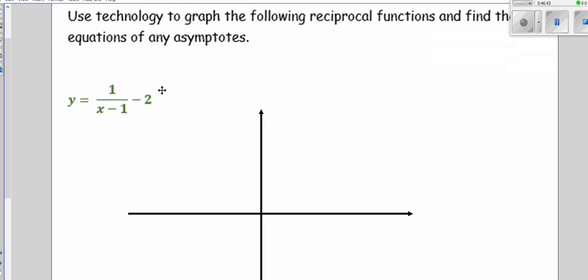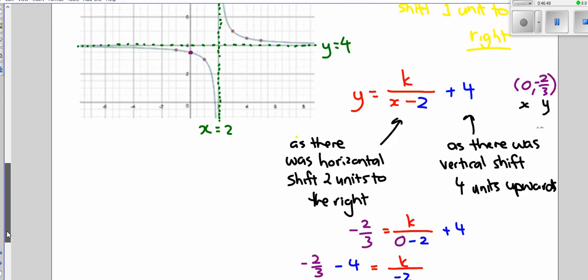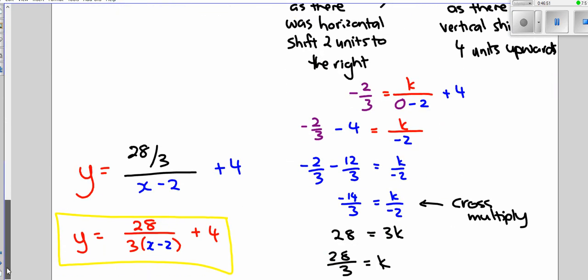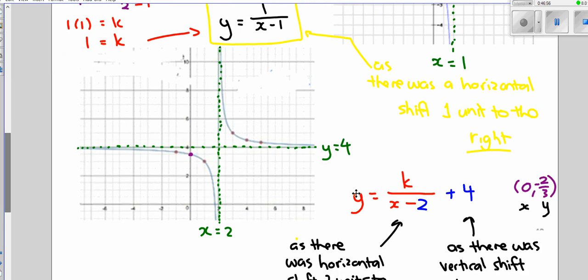Before, for this one, we had asymptotes at y equals 4 and x equals 2. So the y equals 4 came from here, and the x equals positive 2 came from here. This helps you work out the vertical asymptote.